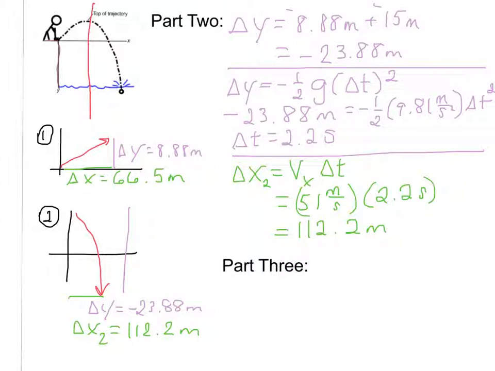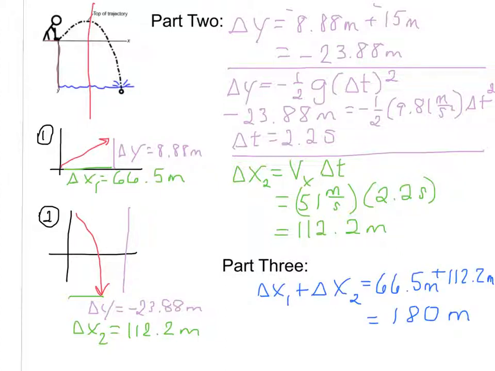We're going to look at part 1 and part 2 of this ball's motion, and we're going to add its horizontal displacement from part 1 with the horizontal displacement from part 2. When we add those two numbers together, remember here's our x1, 66.5 meters. That's how far it traveled right there. And then x2, 112.2 meters is how far it traveled right there.